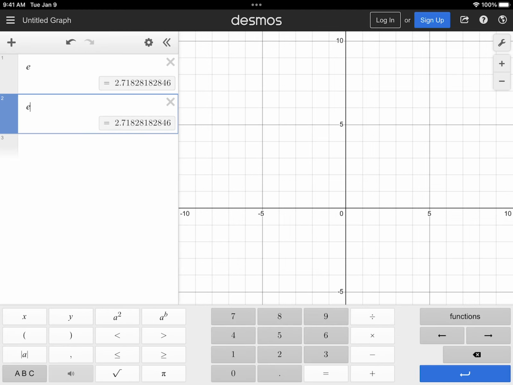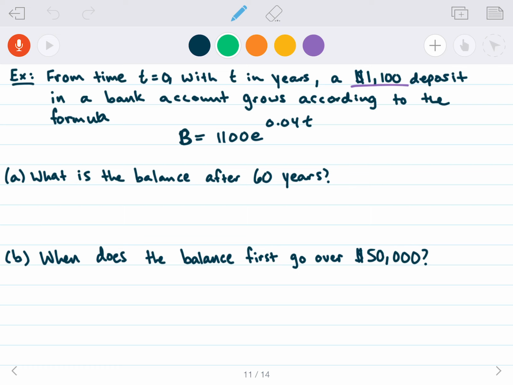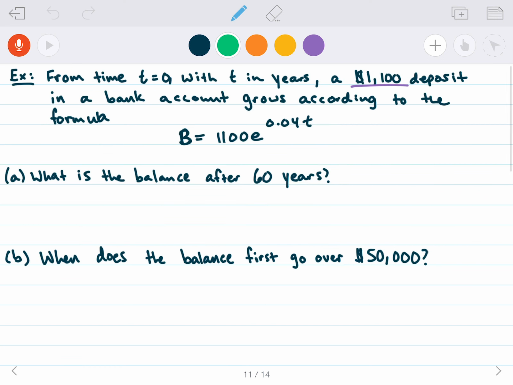I can add numbers to E. I can subtract anything that you want to do. Anything that you can do with a number, you can do with E. So that's part of our formula here. So let's just jump into it and do some examples. Now, anytime in your homework you see the word continuous compounding, you should use this formula. Okay, so that's the key word to look for. So let's do this example.